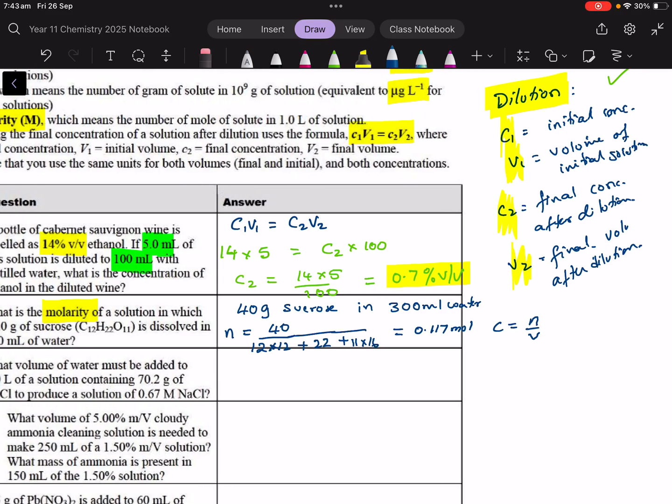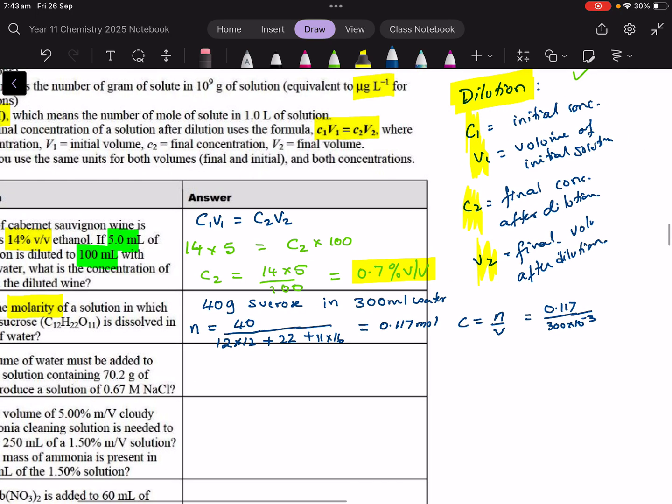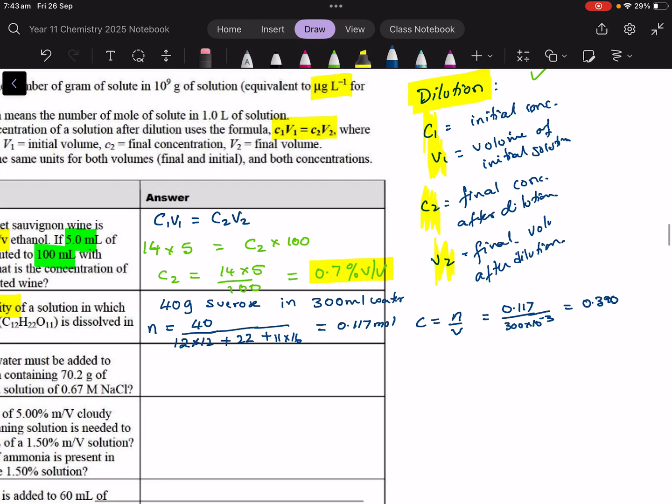So what I'm going to do is convert that 300 milliliters into liters and have 0.117 mole in 300 multiplied by 10 raised to minus 3. That makes it into liters, and my answer is going to be 0.390, and the unit is capital M, which is molar.